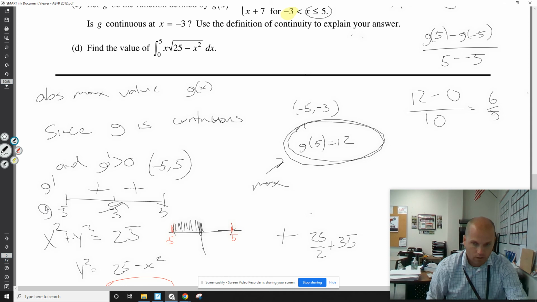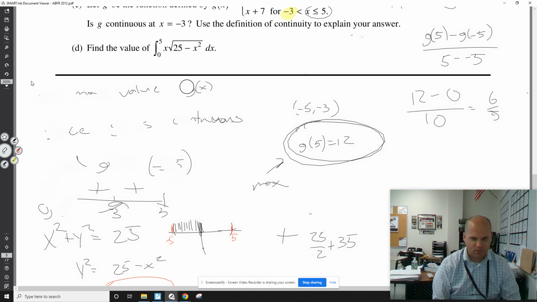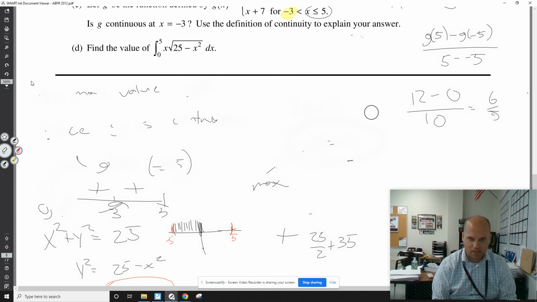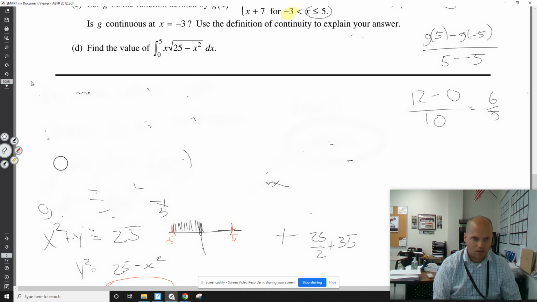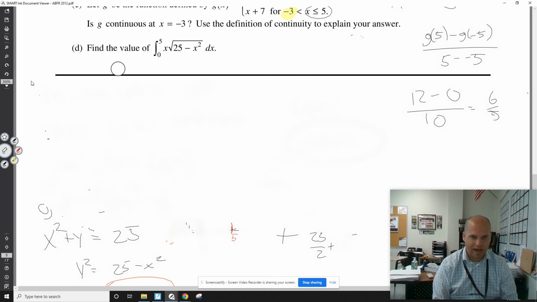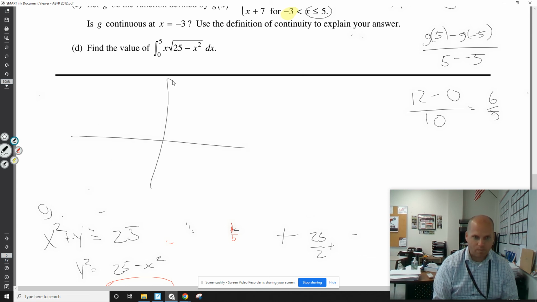But for your test question, I pretty much guarantee you'll get something where we have one piece, then we stop, and then we pick up another piece and we stop, and maybe this is a little excessive.